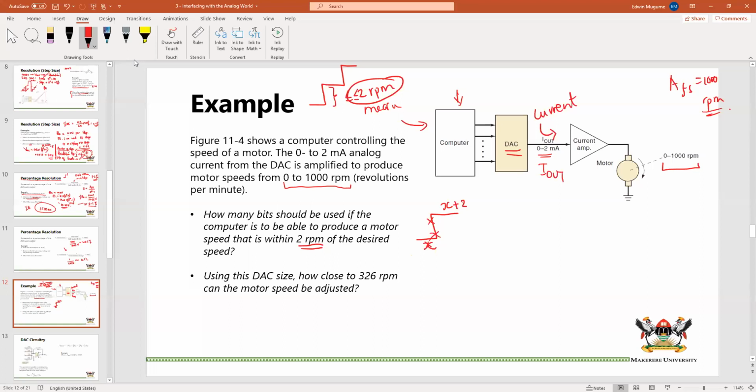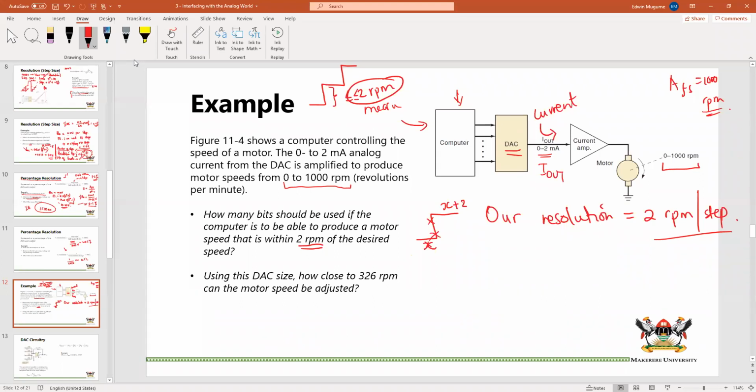So we could say that our resolution is 2 revolutions per minute per step. Each step should be 2 revolutions per minute.